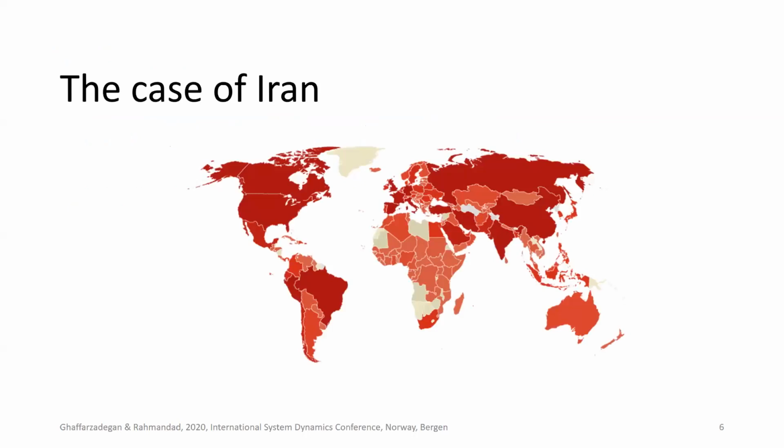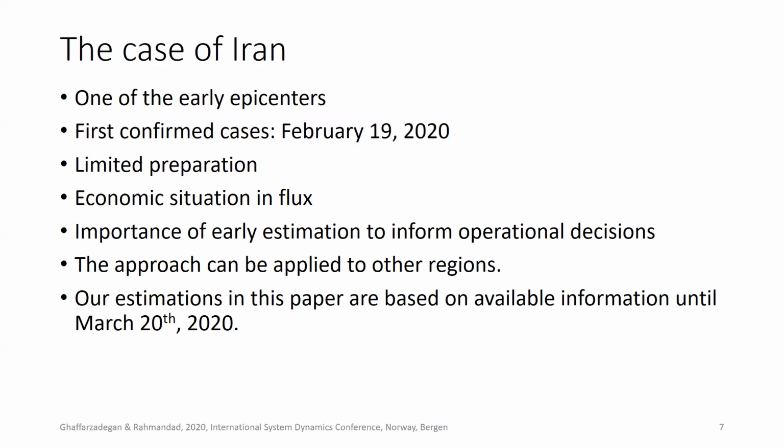The case that we focused on was Iran. Iran was one of the early epicenters of the disease. The first confirmed cases were on February 19, 2020. The country had limited preparations because of the economic situation it is dealing with, and we felt there were very inconsistent information cues coming from the country, which was very alarming.